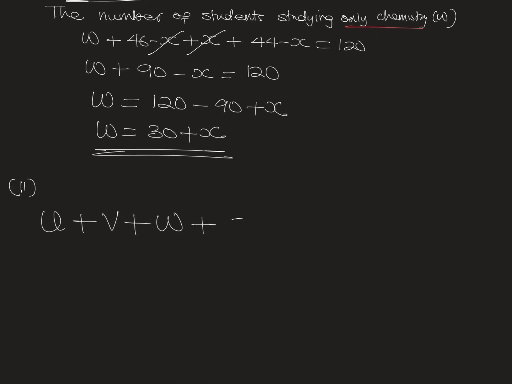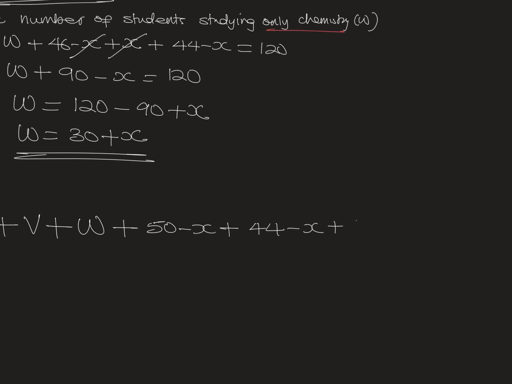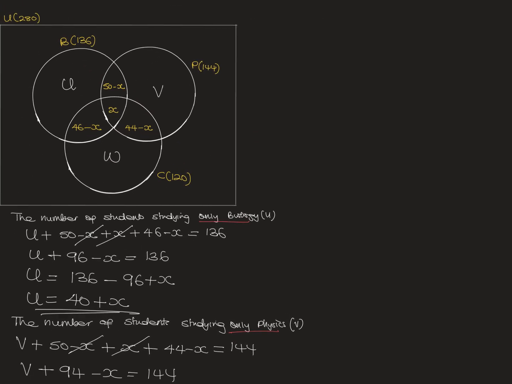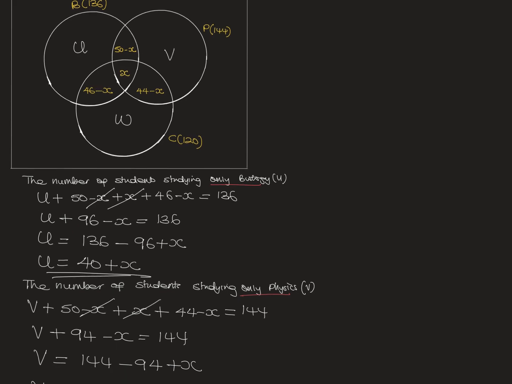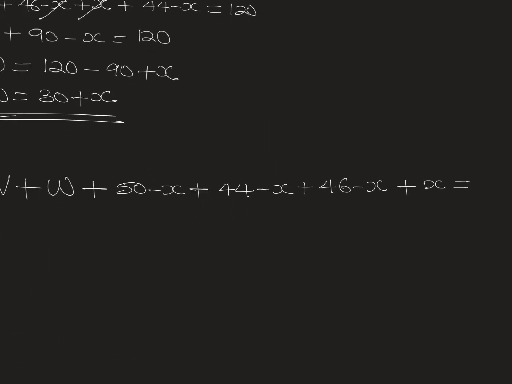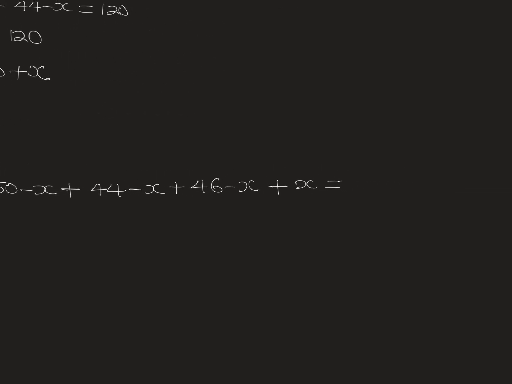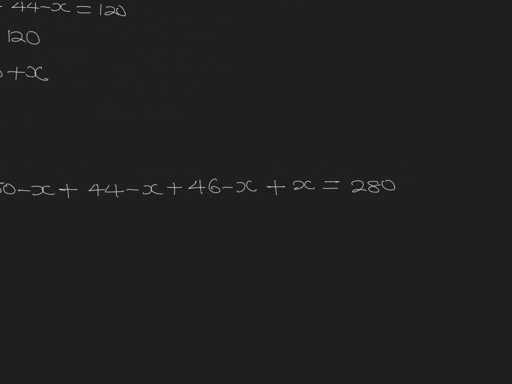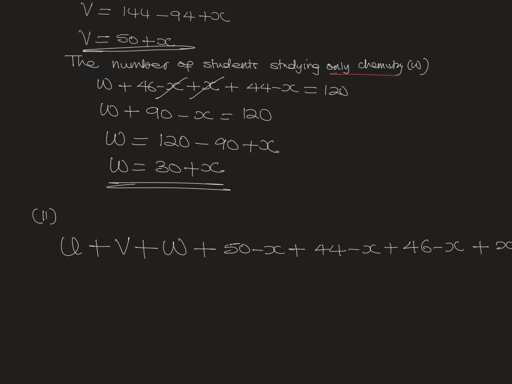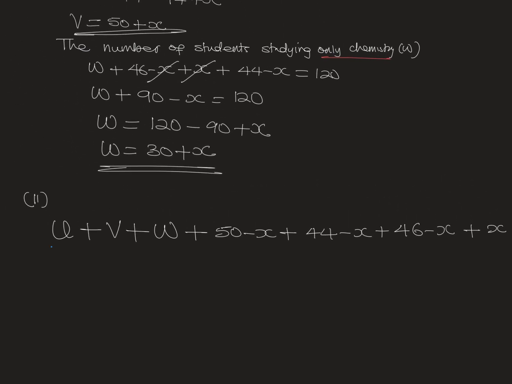Okay, so that will be 50 minus x plus 44 minus x plus 46 minus x. Then we move on to all the three subjects, which is x. So this must be equal to 280 students.